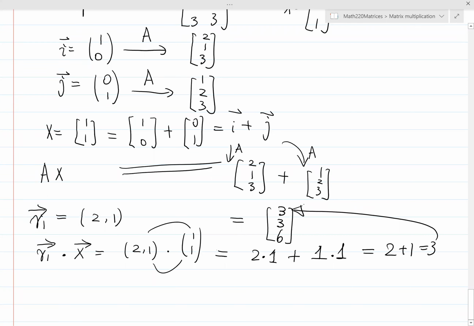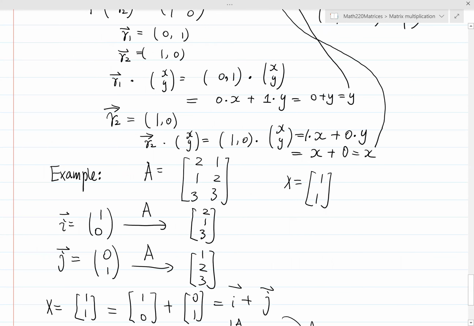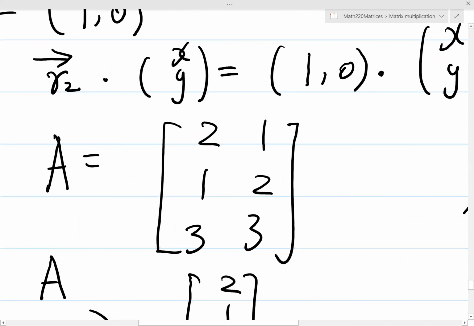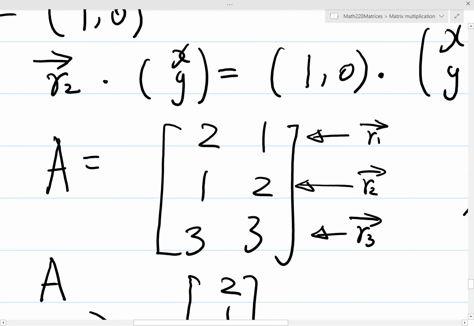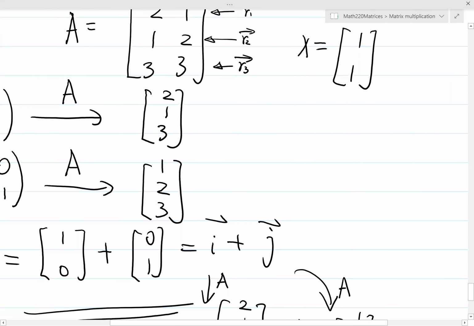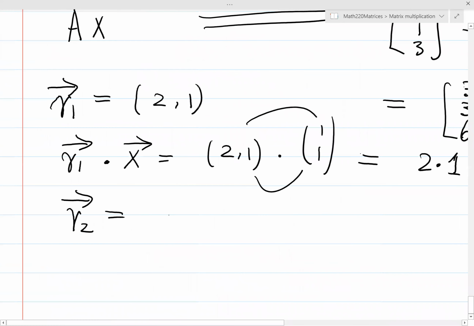Now R2, the second row of A, is 1, 2. So this gives R2, this gives R1, and this gives R3. R3 is 3, 3. So R2 is 1, 2, R3 is 3, 3.